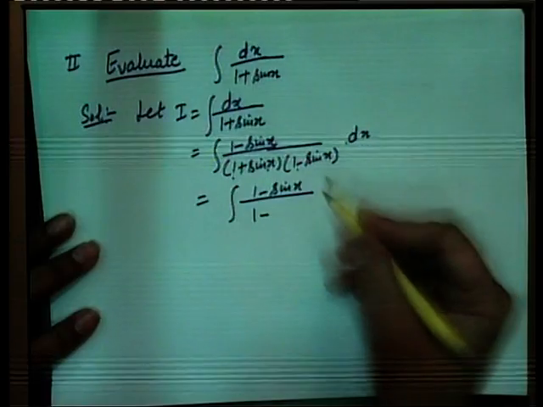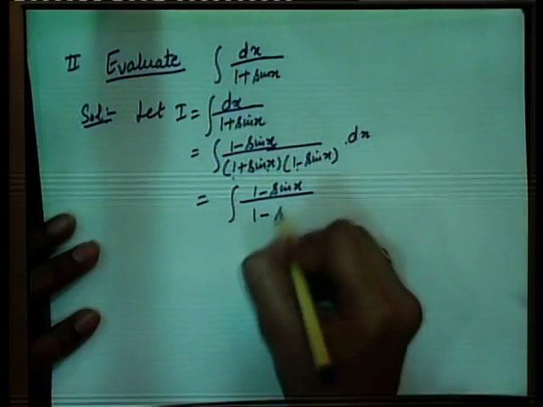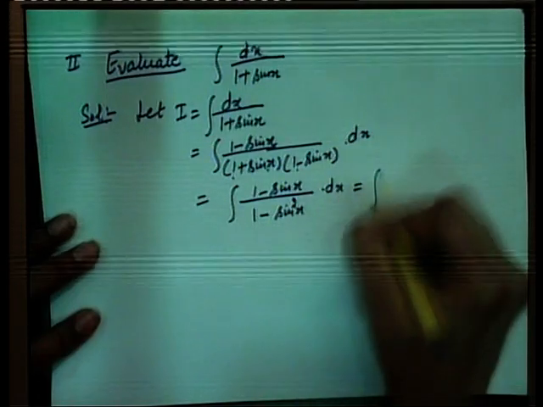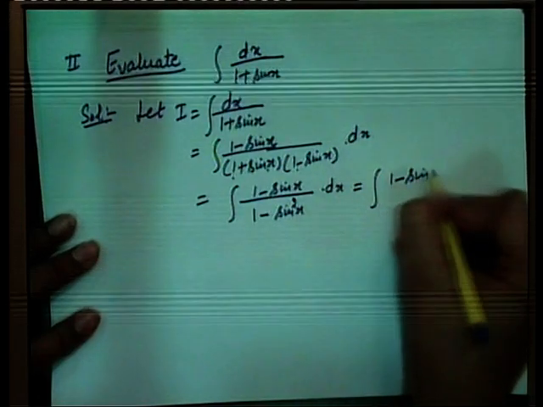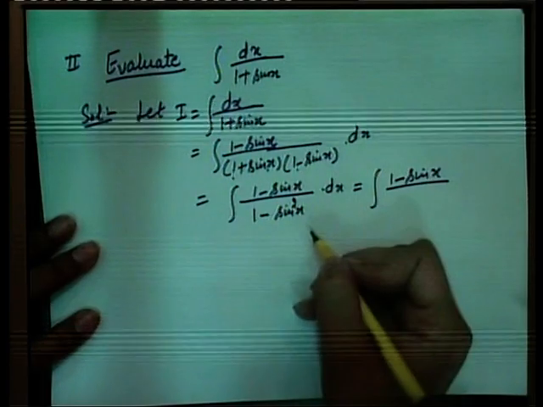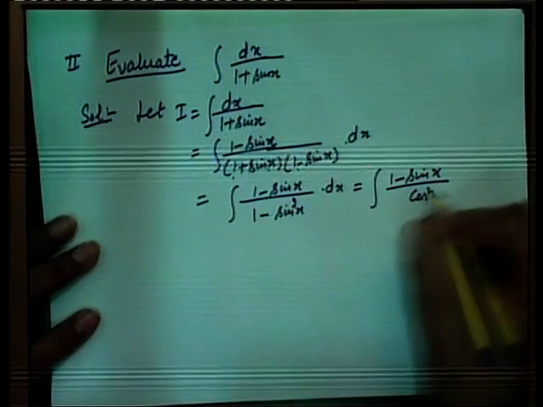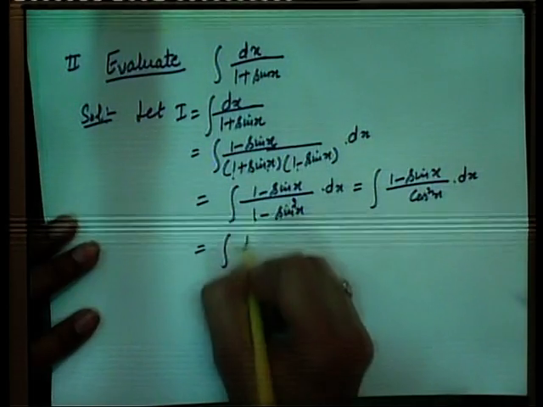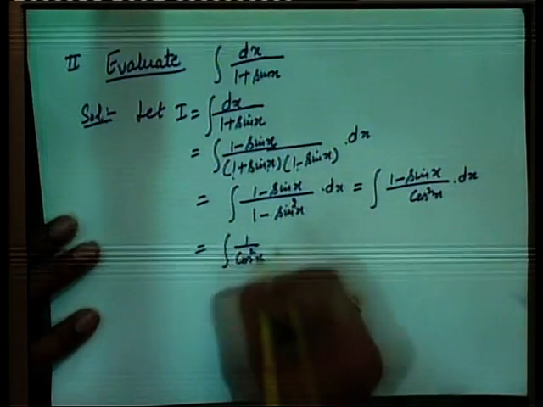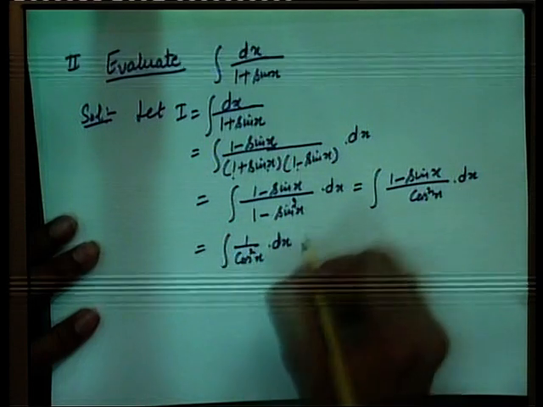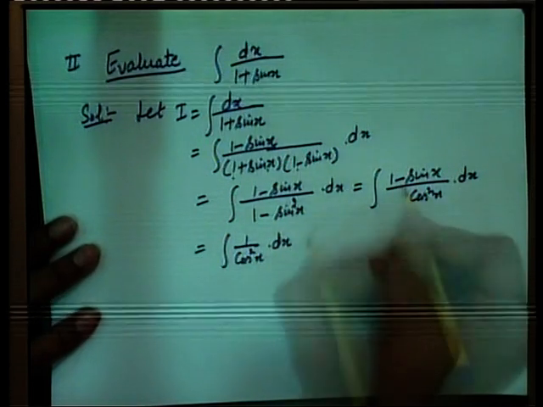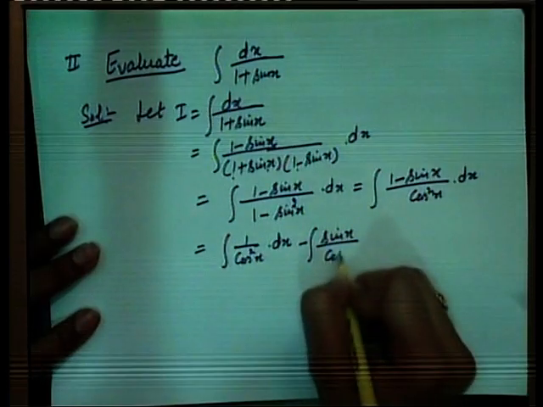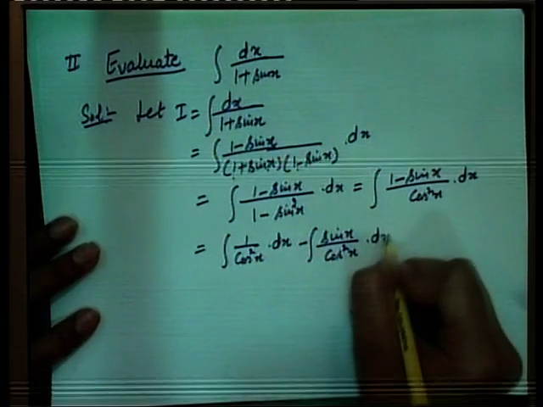What is b here? Sin x, so sin square x into dx. The numerator can be written as 1 minus sin x. We know 1 minus sin square x is cos square x. Now, separating the terms, the first term is 1 over cos square x dx, the integral of the first term, in between the sign is minus, the integral of the second term, that is sin x over cos square x into dx.